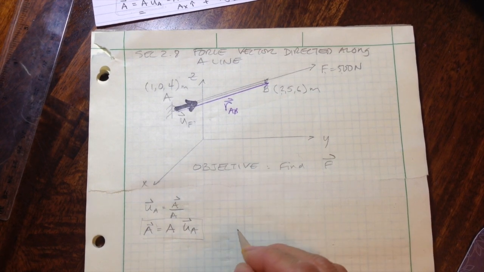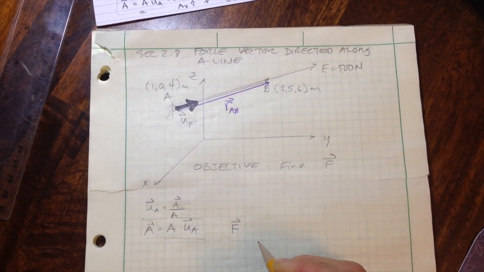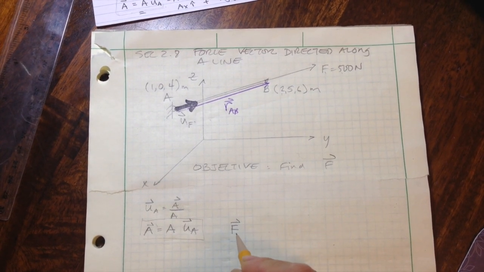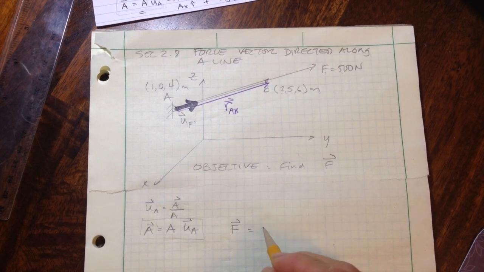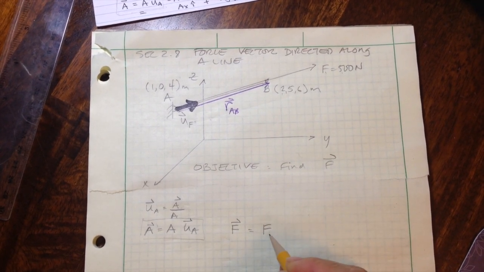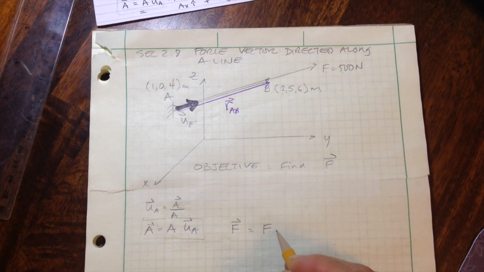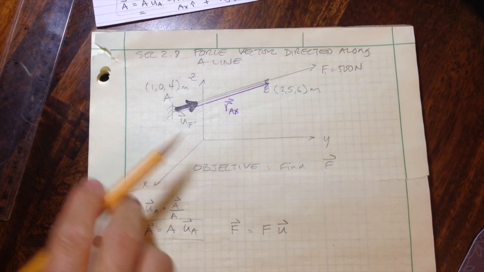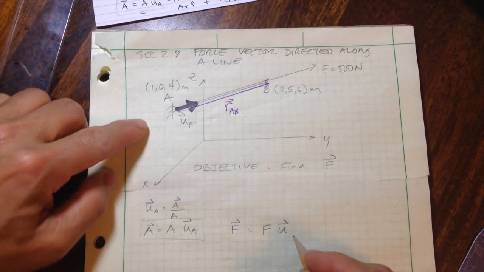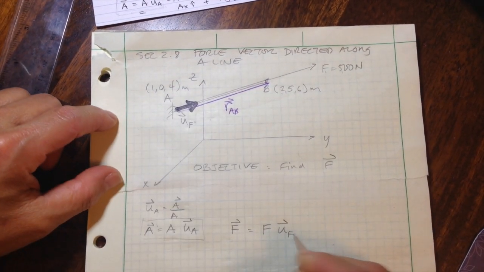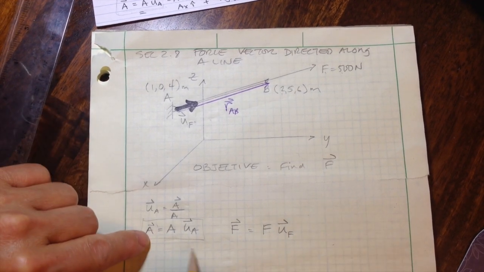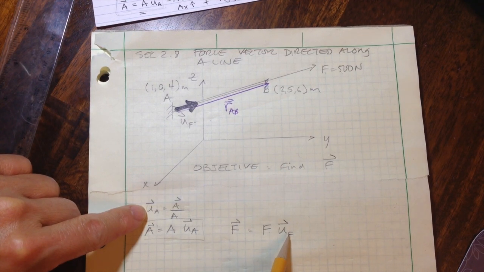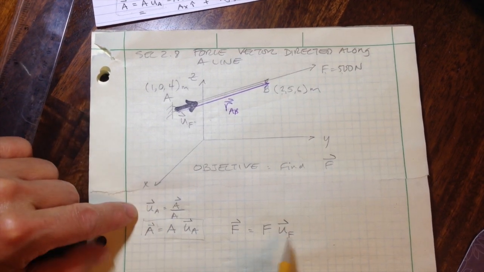So for this problem, we have a force vector that we are interested in finding the Cartesian vector notation for, and that would be equal to the magnitude of that force, which we know to be 500, and we want to multiply it by the unit vector that lies along that force F. So we're going to use a subscript F. Next, we're going to use this equation and modify it for this particular problem.